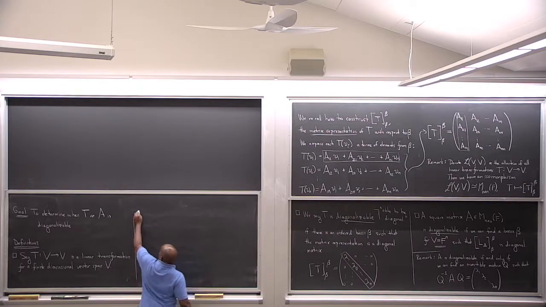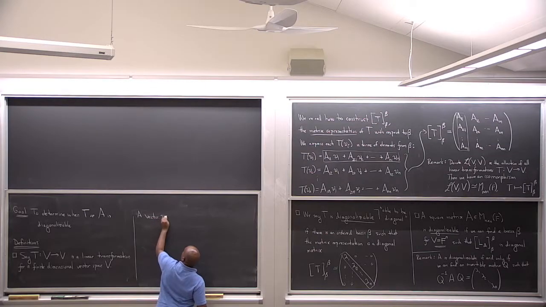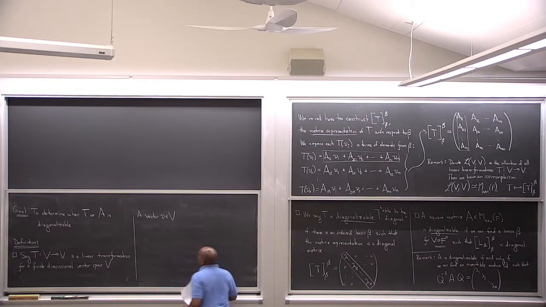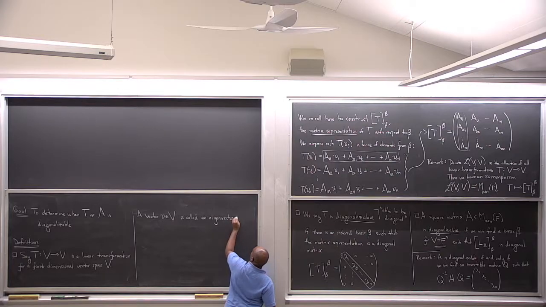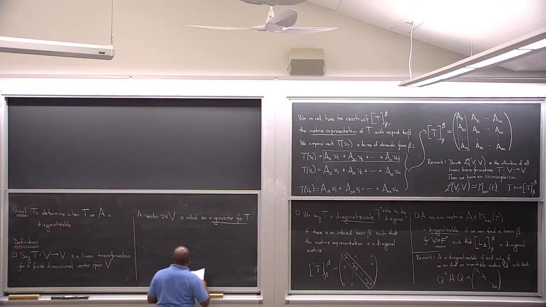A vector, let's write this as lowercase v inside of our vector space, capital V, is called an eigenvector for our transformation T if there exists a scalar.